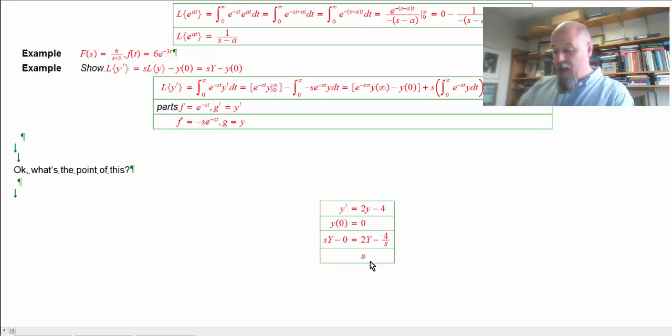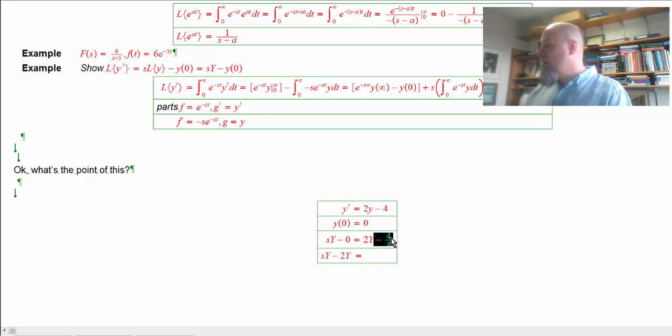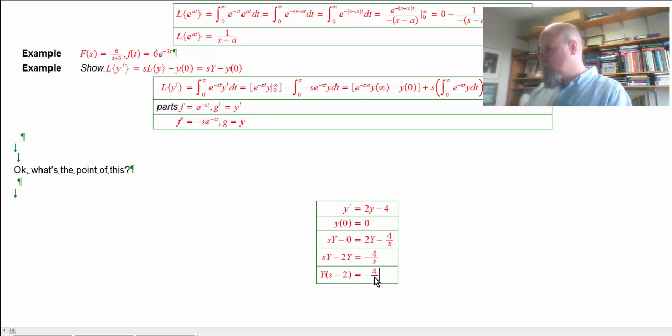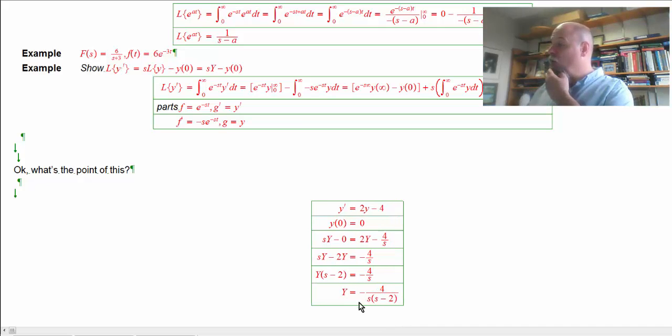So I'm going to get s times capital Y minus 2 times capital Y is equal to minus 4 over s. I can factor that Y out. And finally I get capital Y is equal to, so now I've got capital Y equals.